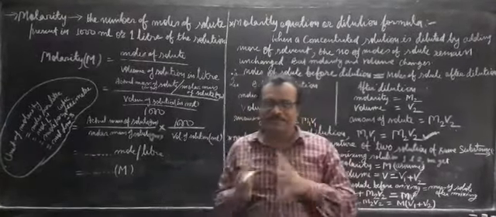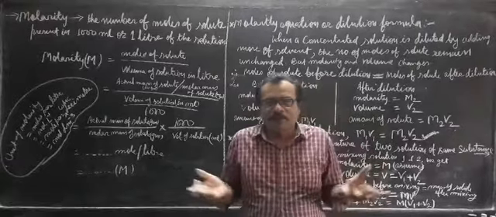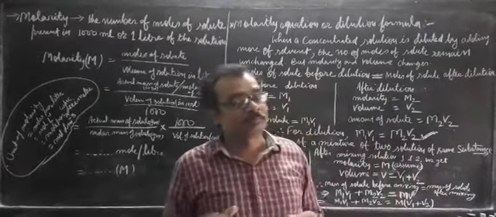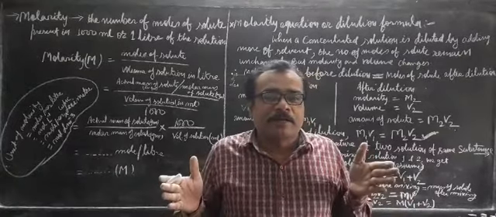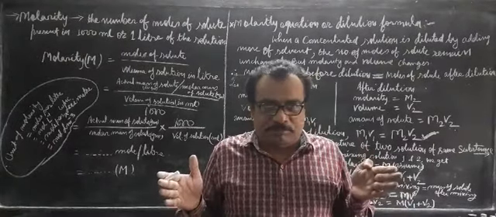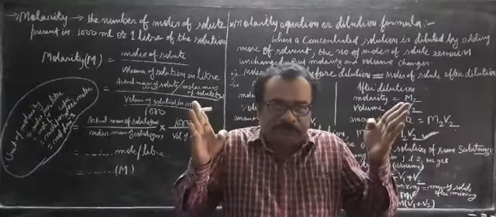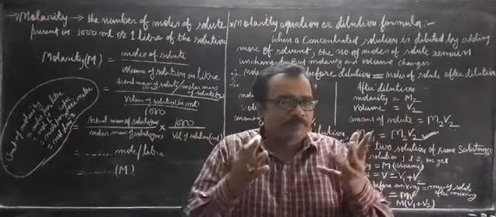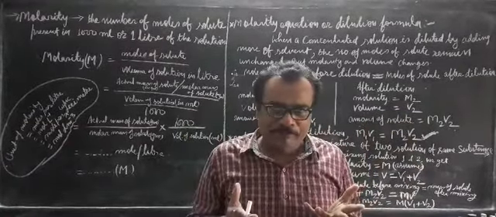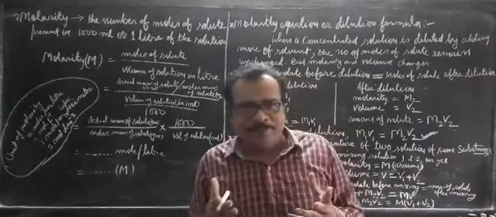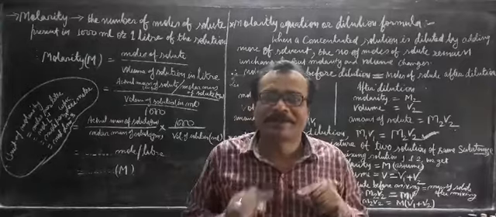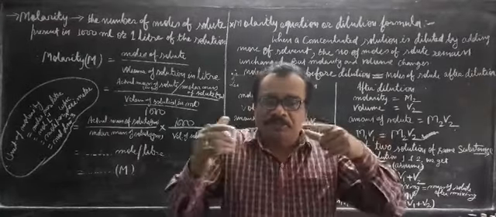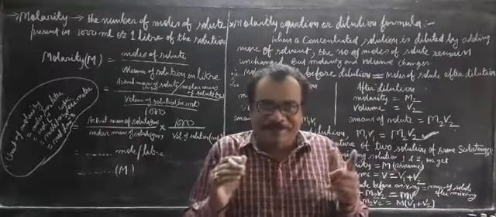Before and after mixing, this is a process of dilution, because two different concentrations of the same substance are mixed together. So it is again a kind of dilution. Before and after the dilution, the total amount of solute would remain the same, but the concentration would be different because there is a change in volume.